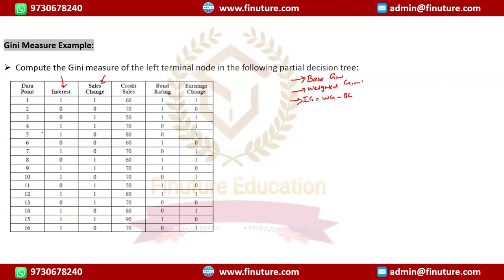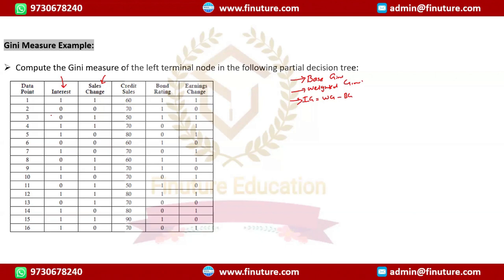Okay, cool. So let's understand. The first part is a bit easier. Quantifying base Gini is simpler. Out of 16 data points, let me count the firms which did not have the interest obligation, because those are fewer in number.